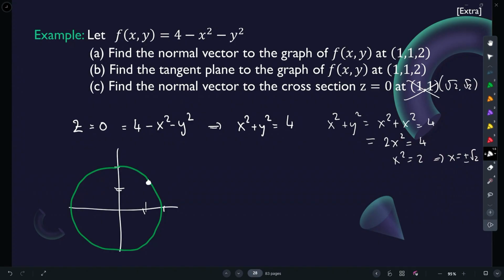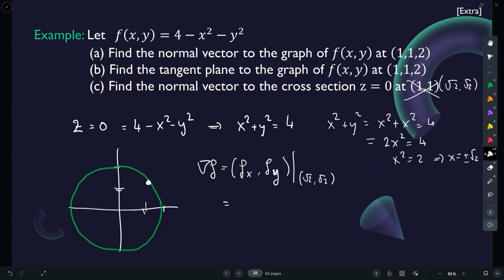So the normal vector will be given by the gradient, which is the derivative evaluated at that point. Okay?